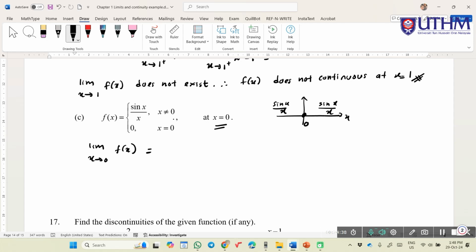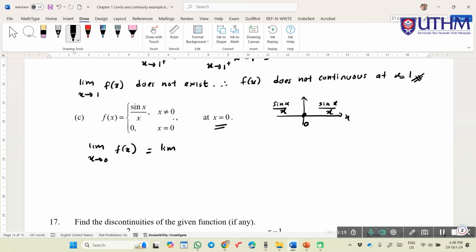Now we need to determine the continuity of the function at 0, so we find the limit as x approaches 0. We don't have to find the limit for the left and right hand side separately. We can just find the two-sided limit, because the left hand side and the right hand side have the same function.